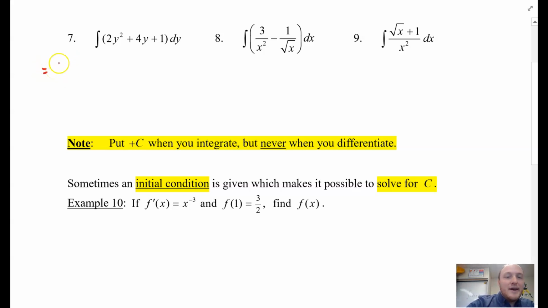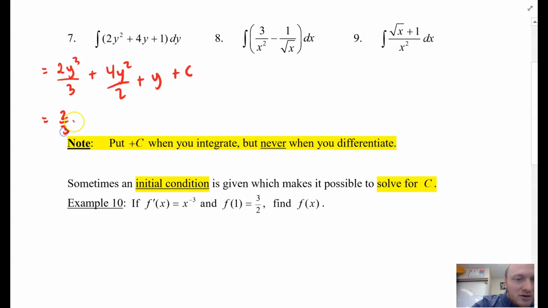So I have 2y cubed over 3, plus 4y squared over 2, plus y, plus c. I want to simplify this and make it look prettier: 2y cubed over 3 plus 2y squared plus y plus c. Pardon if you can hear the drum line.